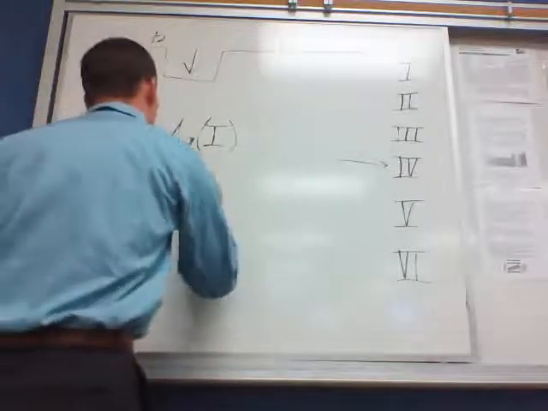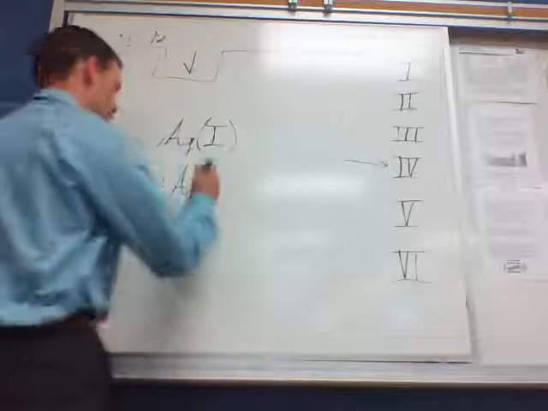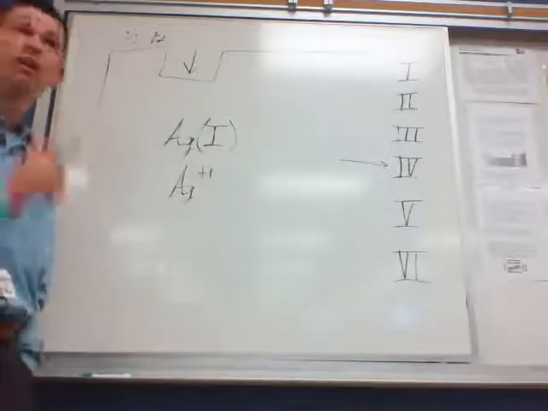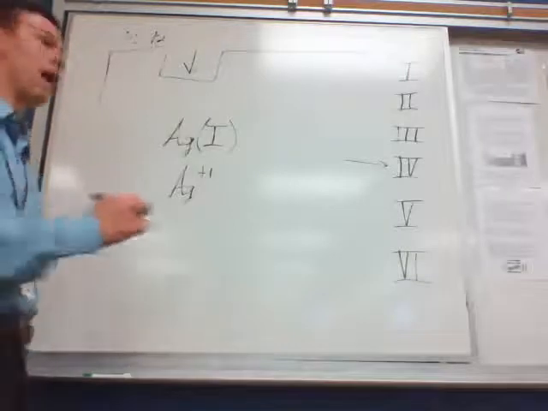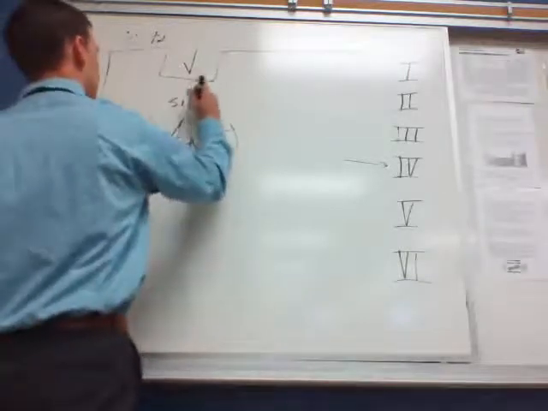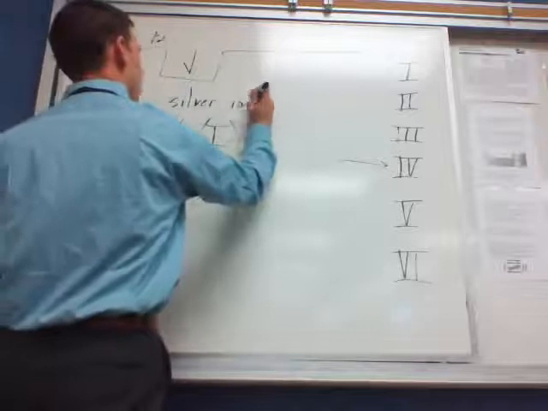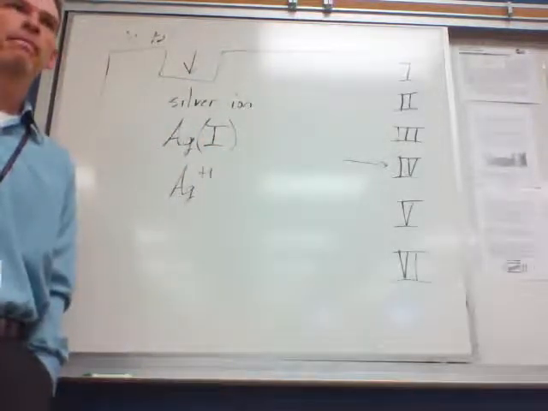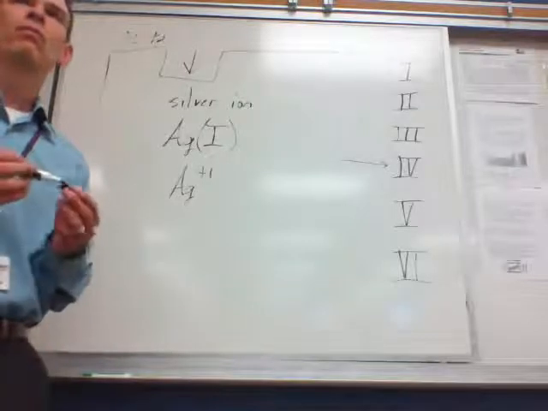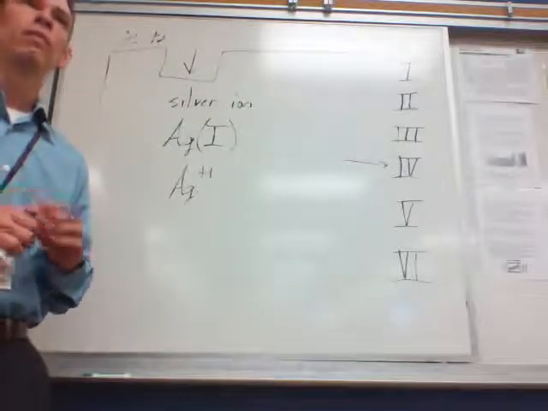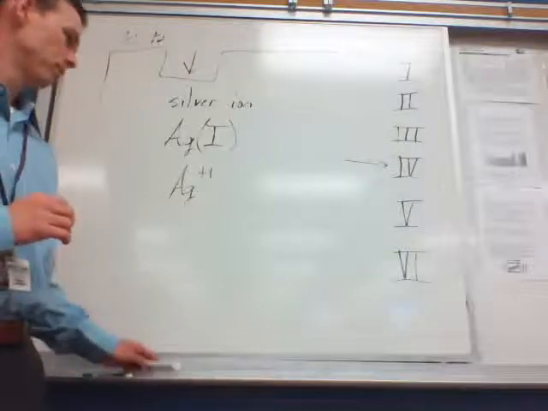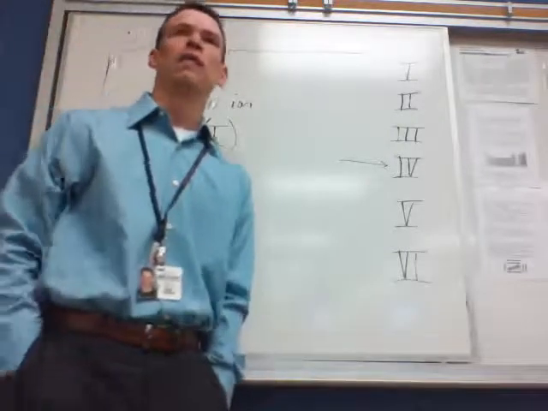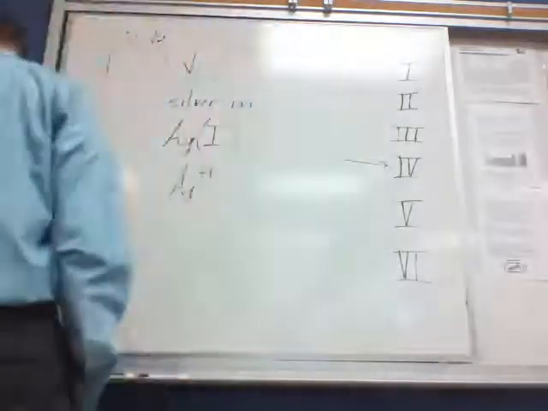What charge did you give silver here? +1. Yeah, it should have been +1, not just plus. That's a Roman numeral 1. How would you write him? A silver ion. Any questions as to how I'm doing this? This only applies to groups 3 through 12. Take a look at the back of your cheat sheet.